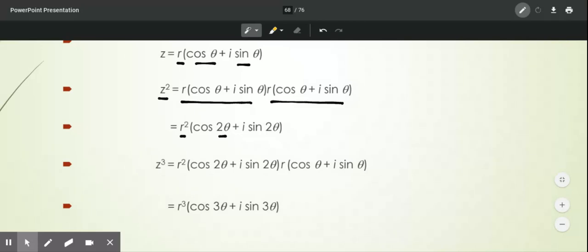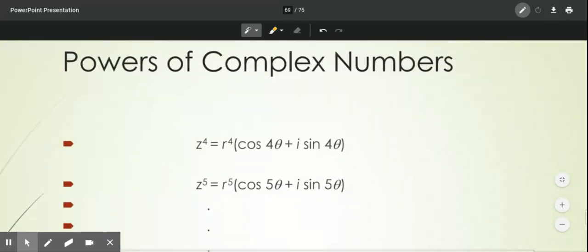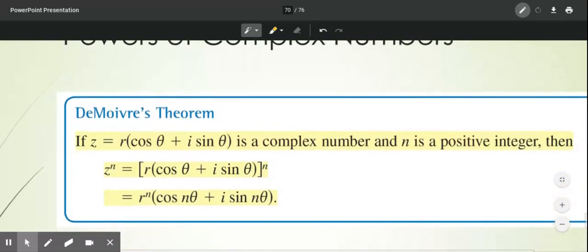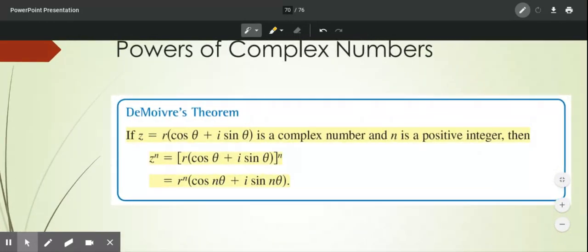And so what we find is that with De Moivre's theorem, it keeps going. De Moivre's theorem tells us that if we have a complex number in trigonometric form and we're raising it to the nth power, then the rule is we take our r value and raise it to the n, and we take the theta and multiply it by n.